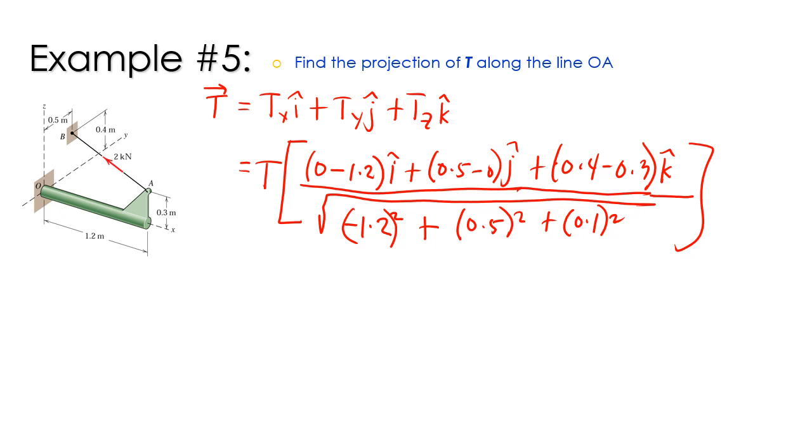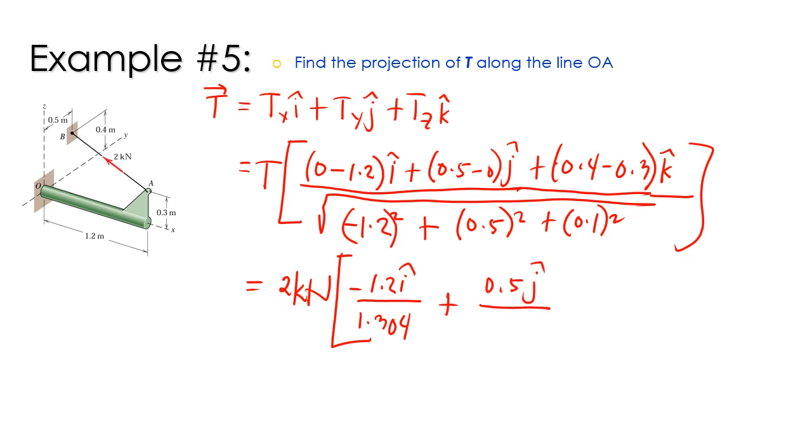So this equals 2 kilonewton for the value of T times negative 1.2 i over 1.304, plus 0.5 j over 1.304, plus 0.1 k over 1.304.